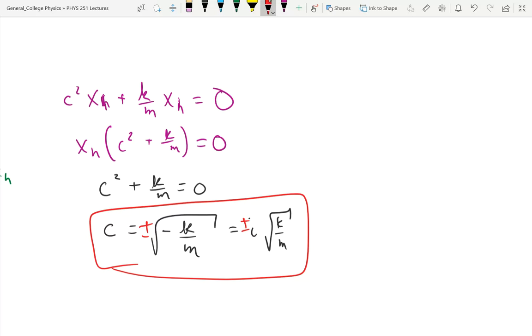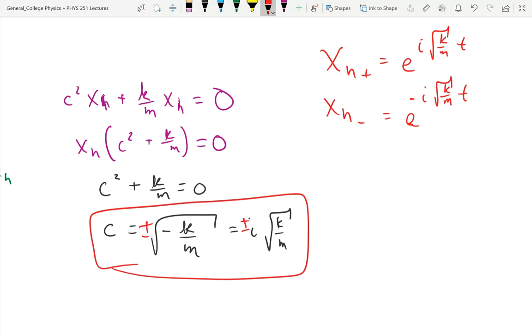So we have x homogeneous plus is equal to e to the i square root k over m t, and x homogeneous minus is equal to e to the minus i square root k over m t. I am not going to write square root k over m anymore.